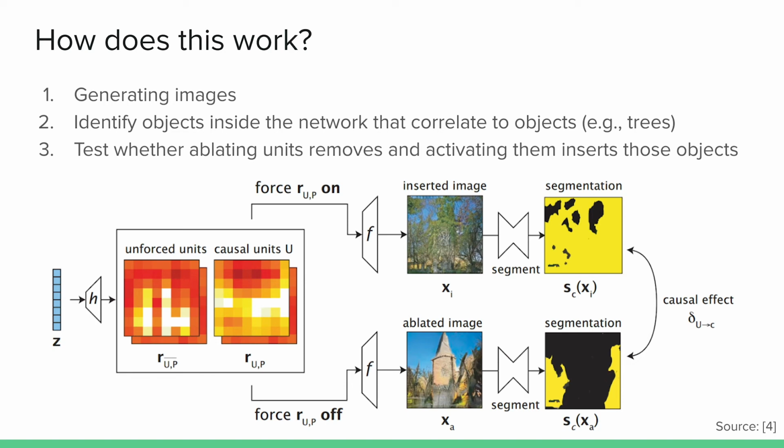We can also do this and see if there is a causal effect between a neuron increasing and decreasing, by measuring how our image segmentation changes over time.